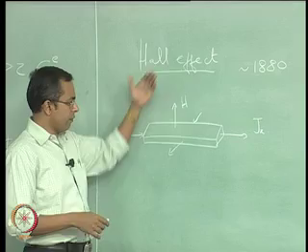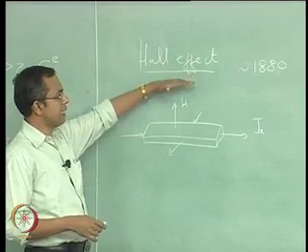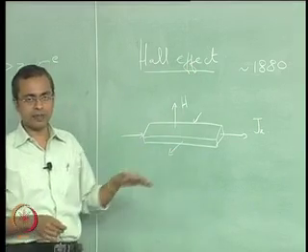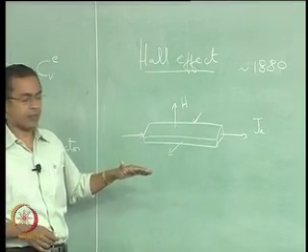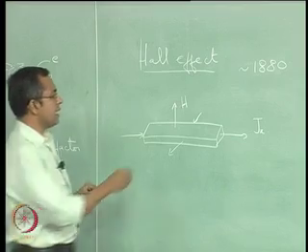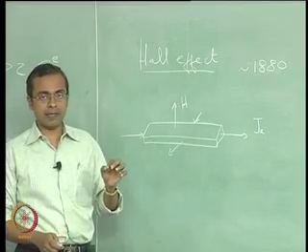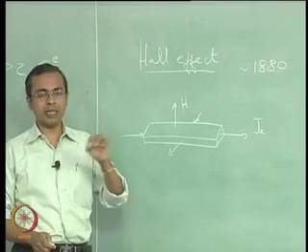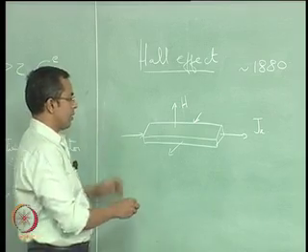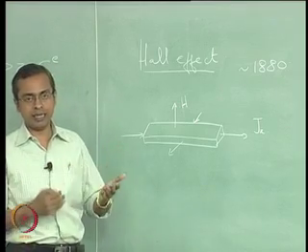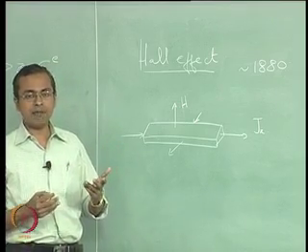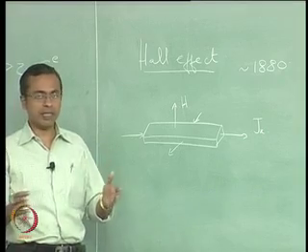Now while it is not of immediate interest for us to go into great detail of this Hall effect and how it works out, the bottom line is that depending on the sign of the charge carrier, whether it is a positive charge carrier or a negative charge carrier, your voltage would then work out to be positive or negative. Okay, and therefore we have something called a Hall coefficient, RH it is called.